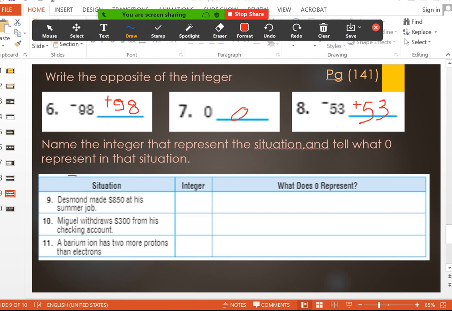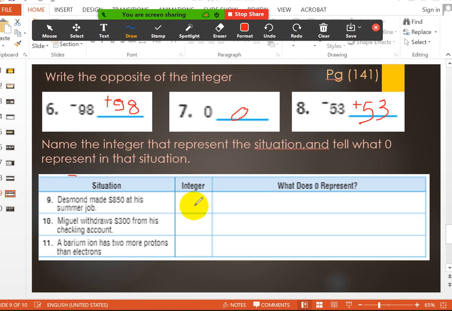Yes, Joanna. Will this be negative or positive? Raise your voice, please. I can't hear you. Positive. Very good. That means positive.